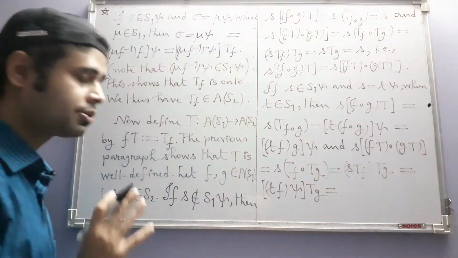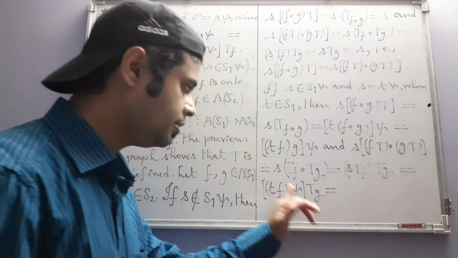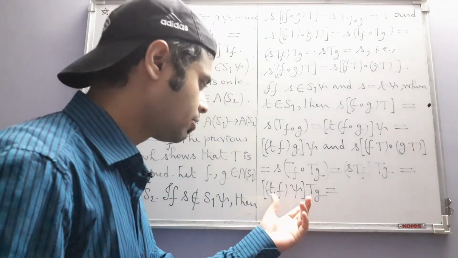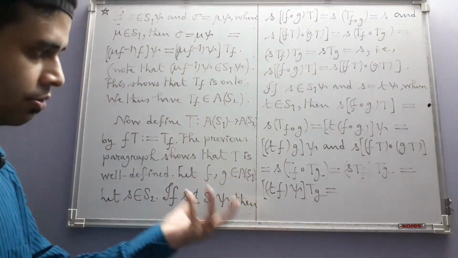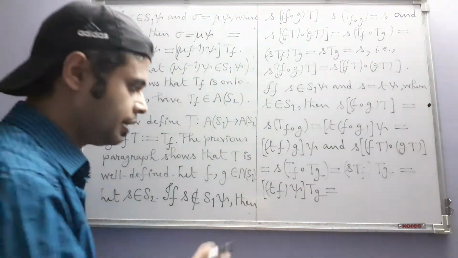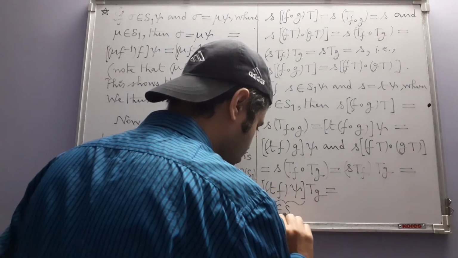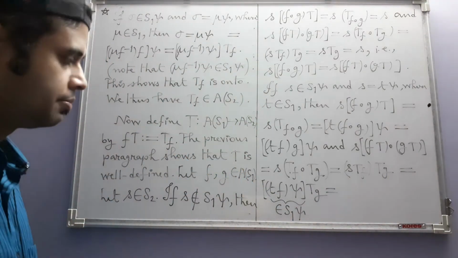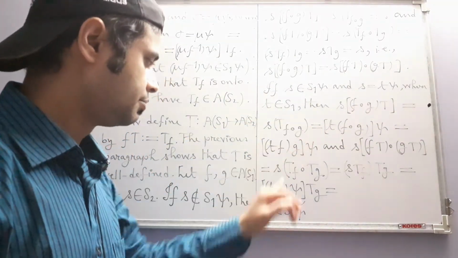Okay, now what about TG? We are no longer applying TG on S. We are applying TG on this element. Now this element, from the look of it, already belongs to S1 psi. Why? T is an element in S1.